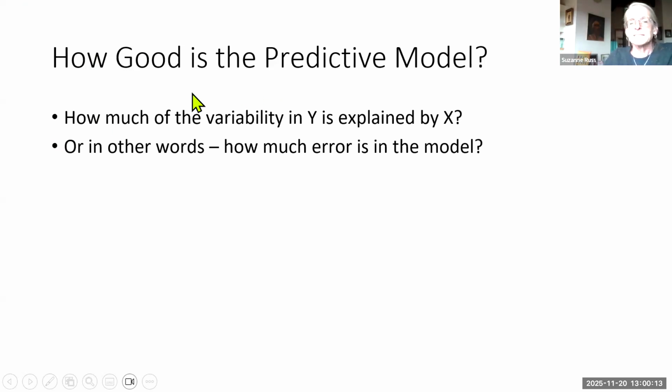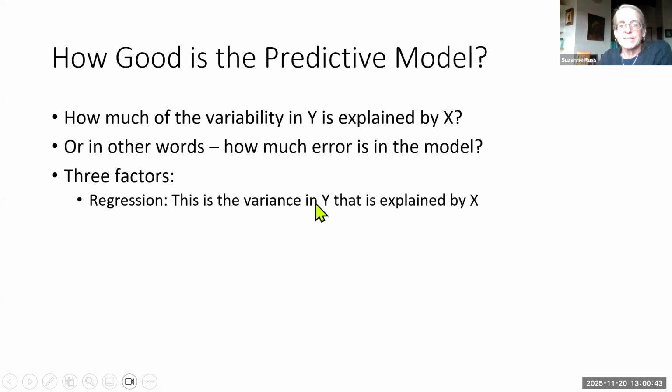When we ask how good the model is, we're asking how much of the variability in Y is explained by X. Or to look at it another way, how much error is in the model? How far away are those scores from that regression line? Because we want those scores to be close. And we look at three factors. I'll show you here, and then I'm going to show you on the next slide in a formula. And I think that's the last before the summary and then the spreadsheet.